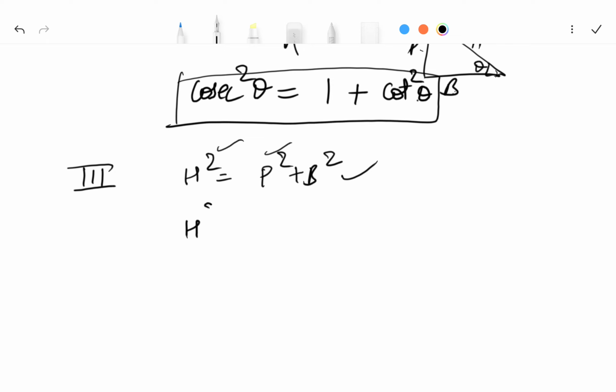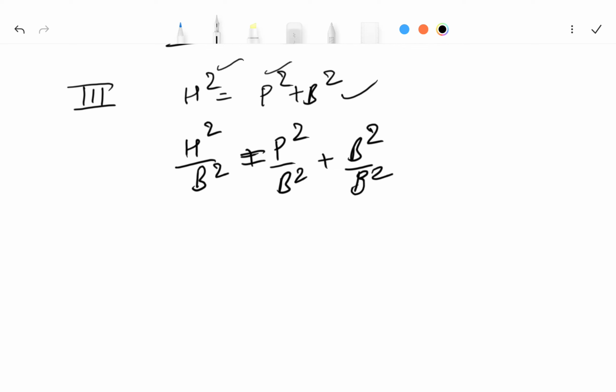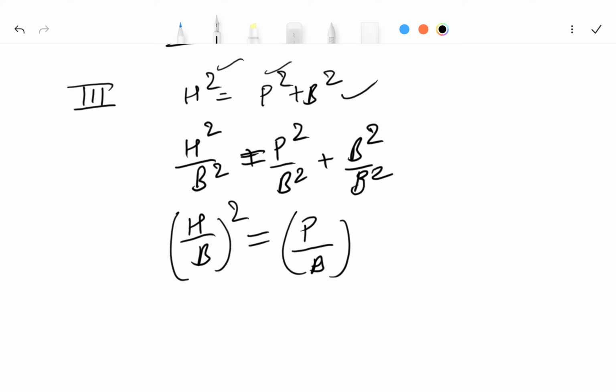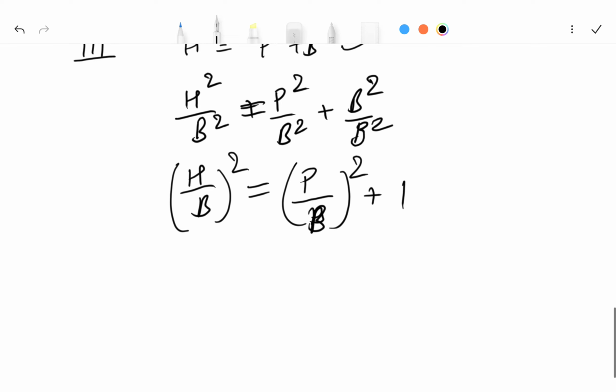Now it is h square by b square equals p square by b square plus b square by b square. Now h over b whole square equals p by b whole square plus 1.